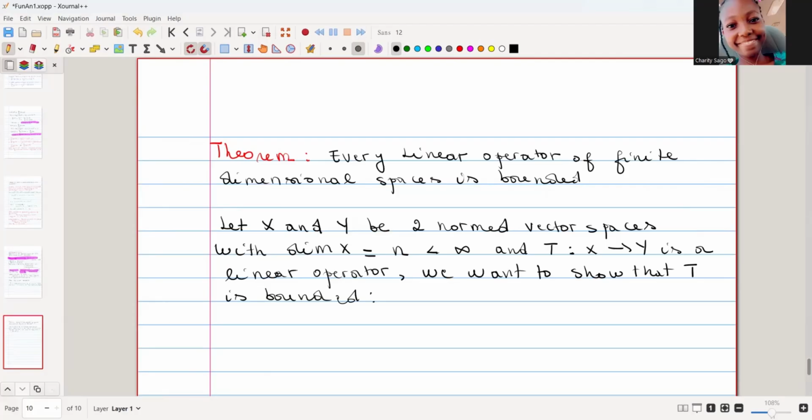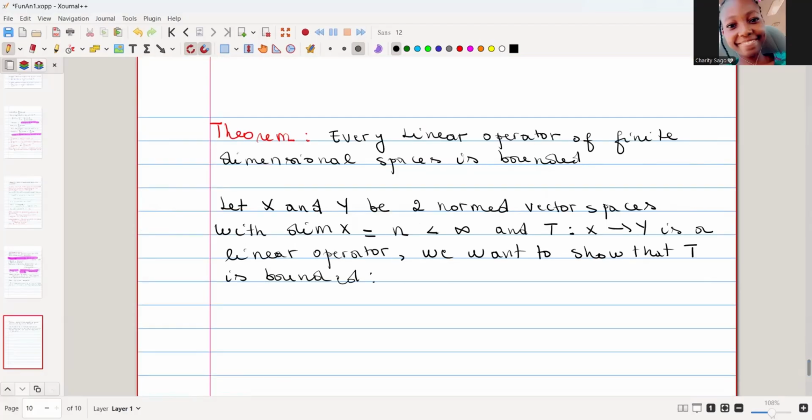The first thing that you have to understand is that when it is said that we have a finite dimensional space, it means that you can define a basis in that space. So if the dimension of the space is n, it means that a basis of x has n vectors.